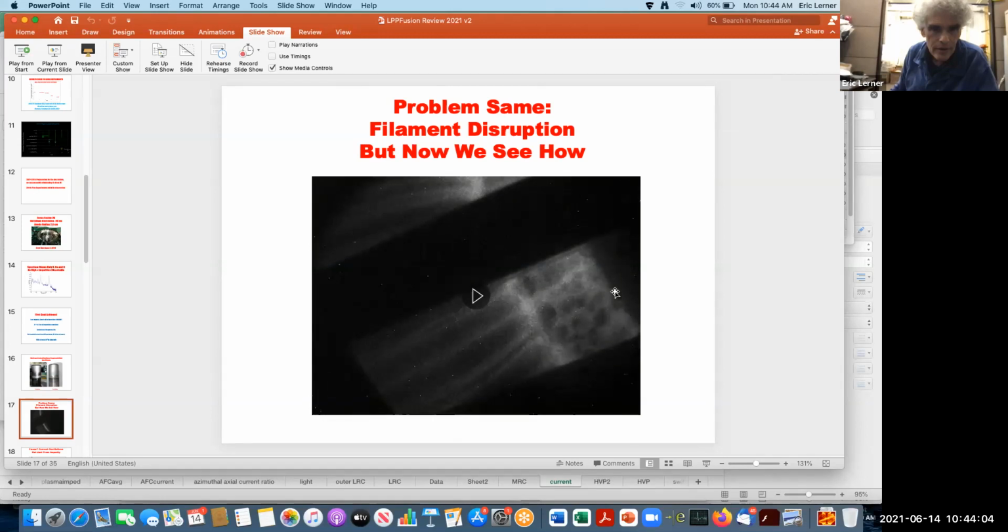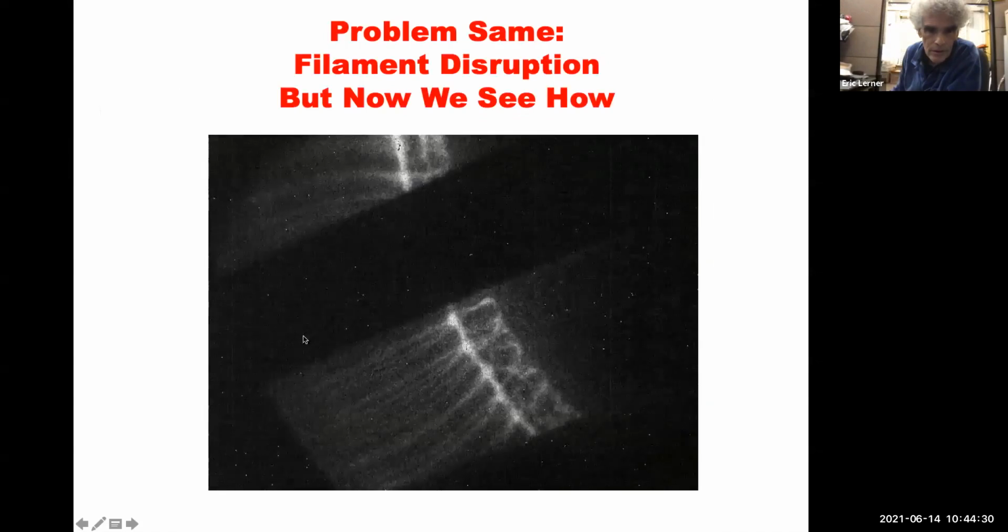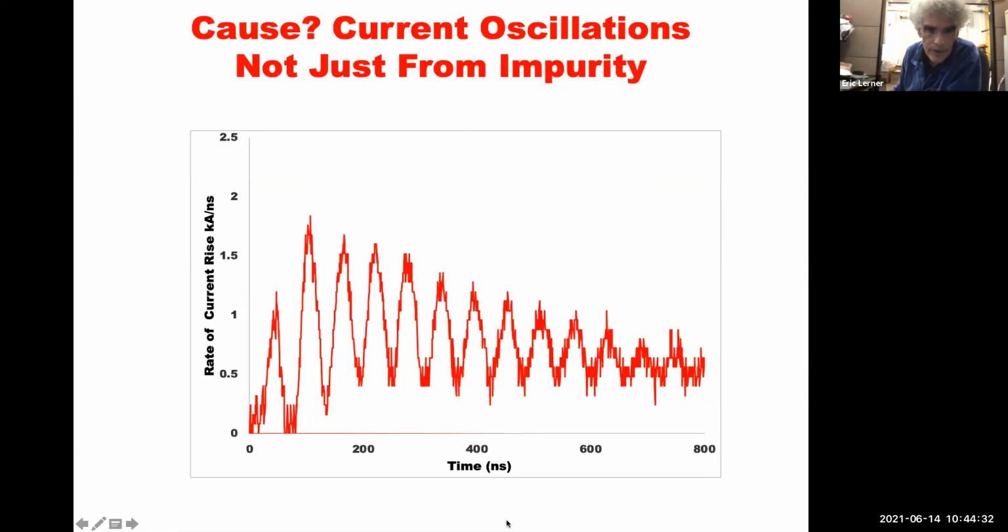So this part, of course, that's very disorganized and disrupted is the part that goes into the pinch. So we can see that the problem is we need to get rid of this disruption. So what's the possible cause?